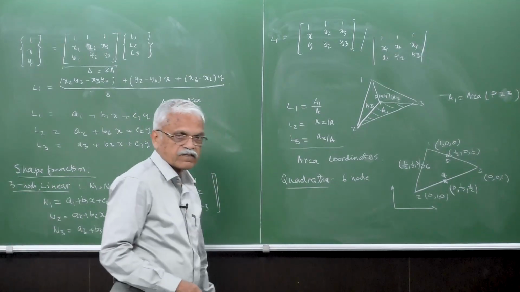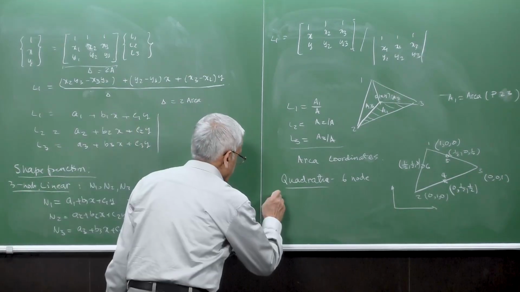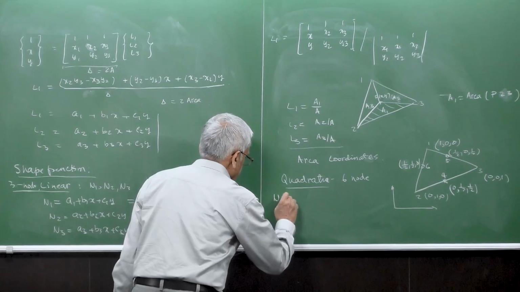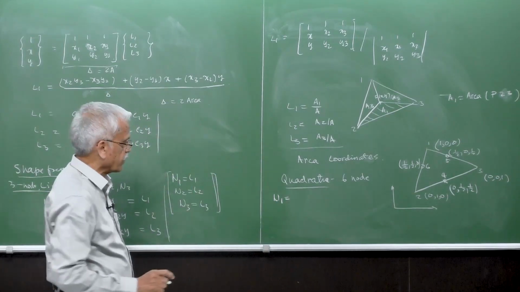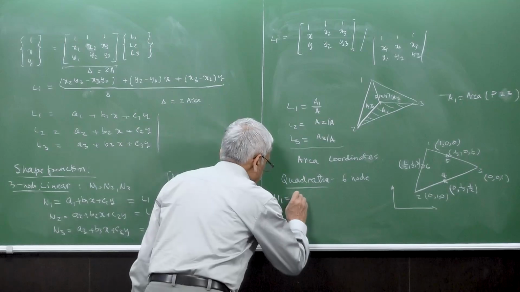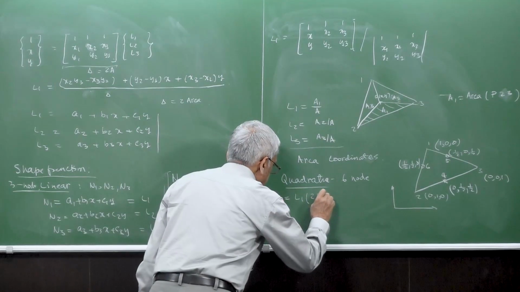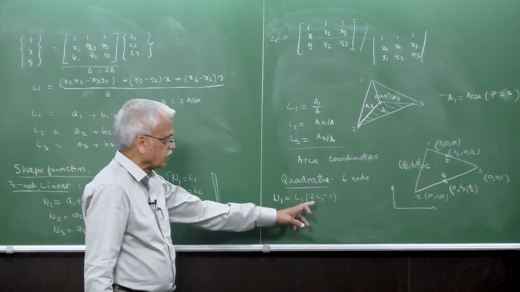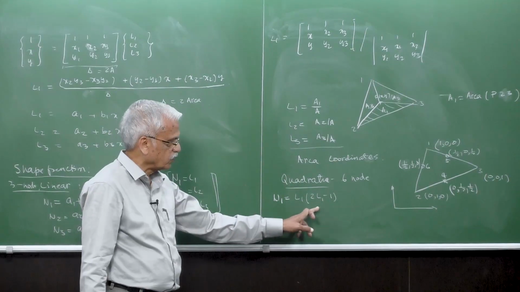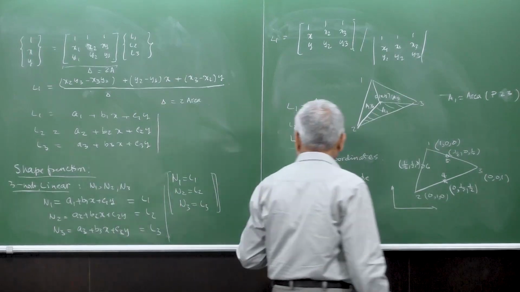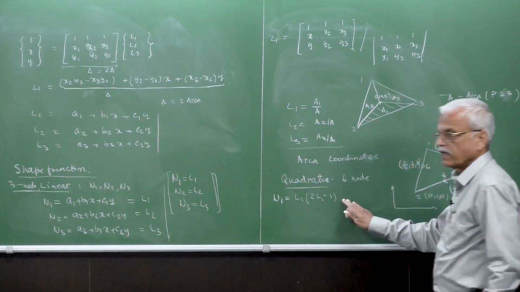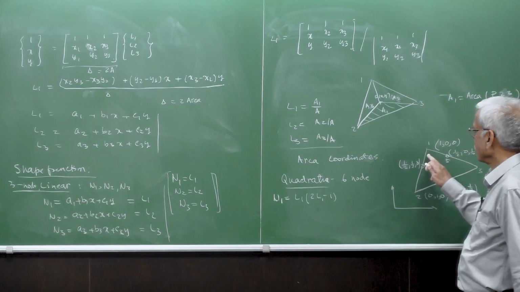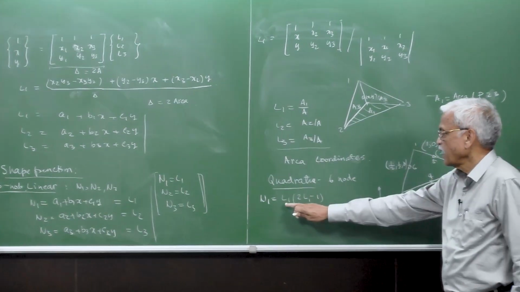You can find here that node 1 has the shape function 2L1 (L1 minus 1). In fact, it should be quadratic, and it should have a value of 1 at the node. Obviously, if you put (1, 0, 0) in this, L1 is equal to 1, so this is equal to 1.